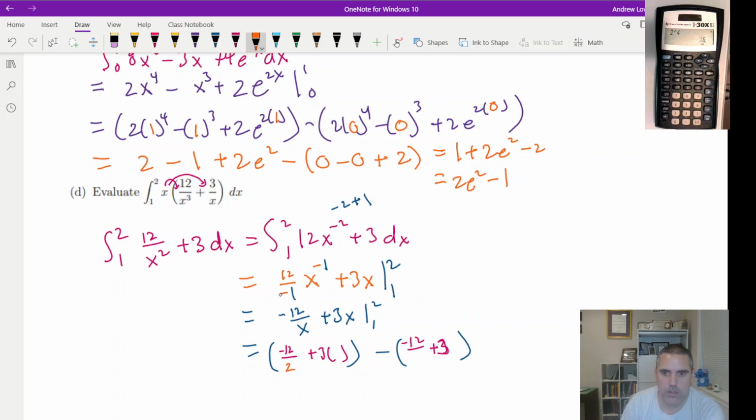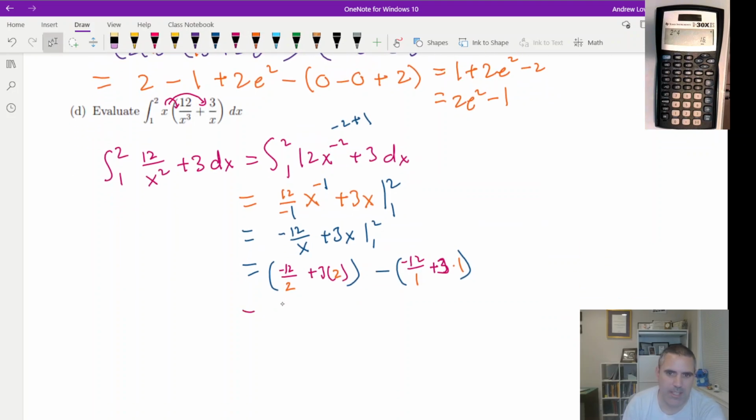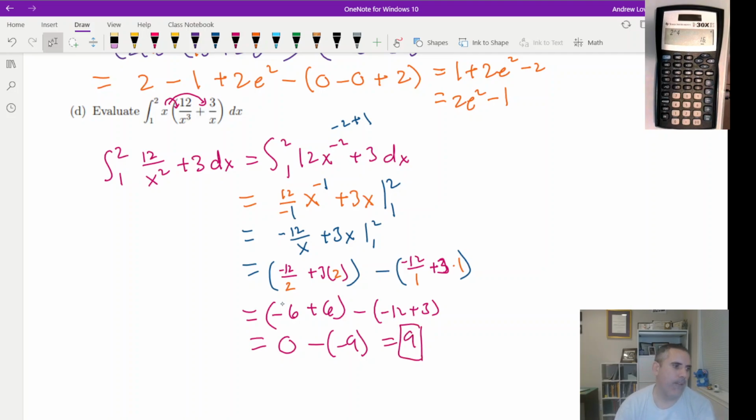So we're going to put a 2 here, a 2 here, a 1 here, a 1 here. And I think the numbers probably come out nice. If this was a test, I tend to make the numbers nice. So it's worth your while to simplify. Oh, that's 0. And this is going to be negative 12 plus 3. So it's 0 minus negative 9. It's 9. Done. Those are those skills. All right, hope that's helpful.